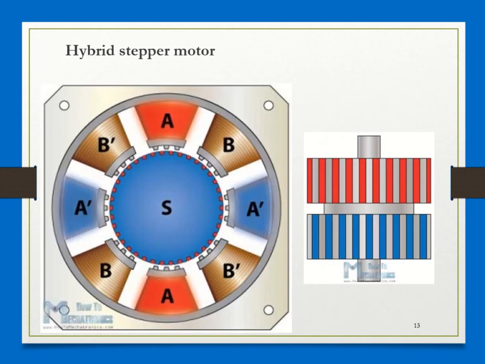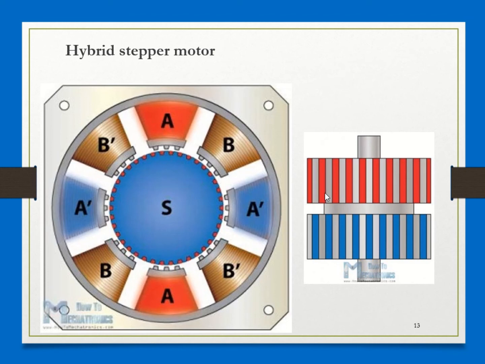Next is the hybrid stepper motor. It is the combination of the previous two stepper motors. It has a permanent magnet tooth rotor and also a tooth stator. Okay. So the rotor has two sections as seen here in the right hand side, which are opposite in polarity and their teeth are offset.